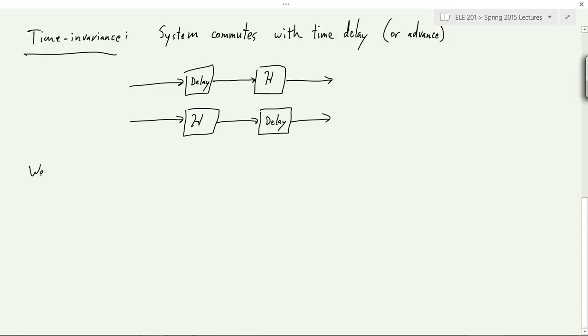Let's see one other thing about convolution using block diagrams. When we learned about convolution, we noticed that it commutes in a different sort of way: x of t convolved with h of t equals h convolved with x. So in this sense, it commutes.